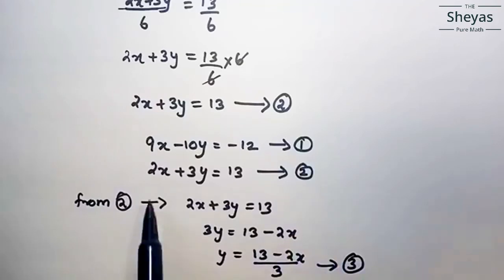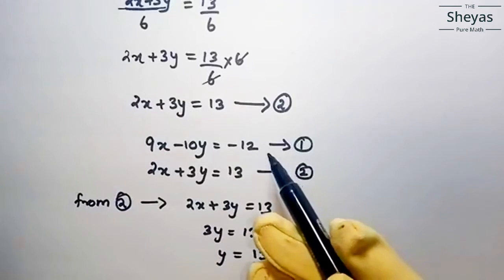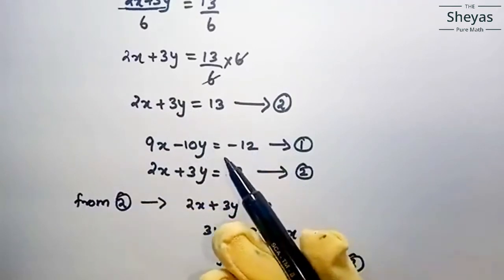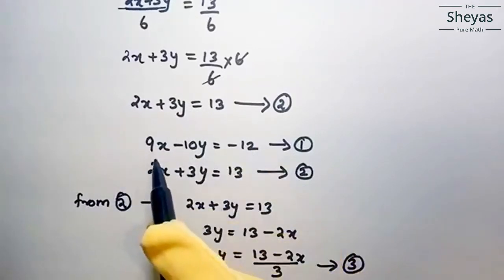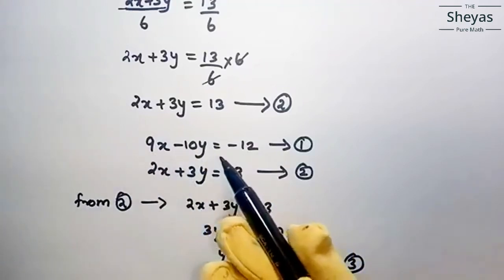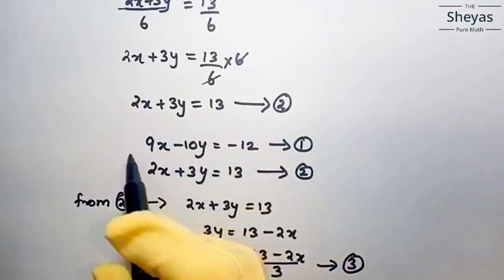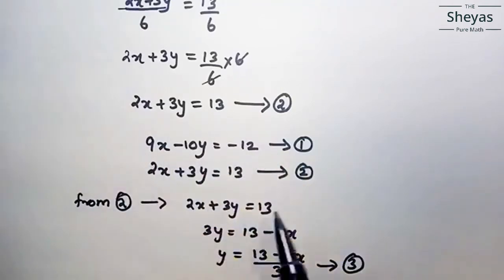Or you can choose the first equation, from 1 you can select any one variable, and if you are selecting x, write it in terms of y, or you can select y and write y in terms of x. You can take from 1 or you can take from 2. Both are possible. You have to take one value and substitute in the other.